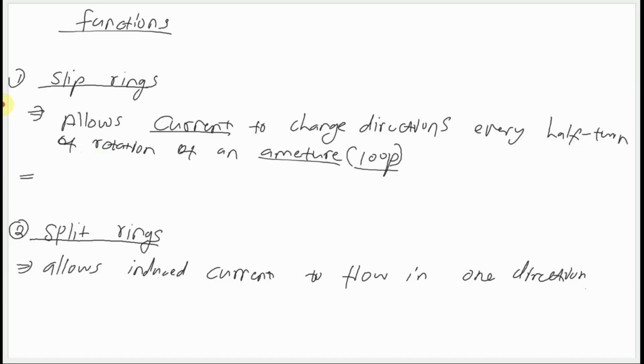But anyway, if you can try to find that information, it will be easier for you to understand. And then split rings allow the current which is induced to flow in one direction. So that means the current is not going to change direction when we have split rings.